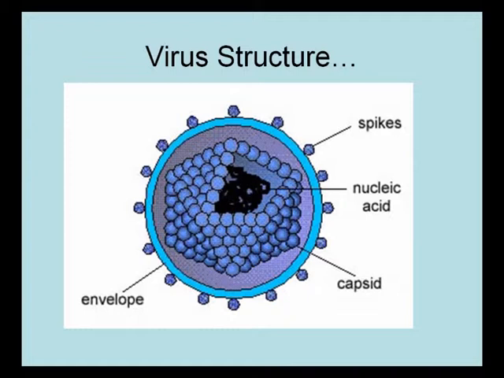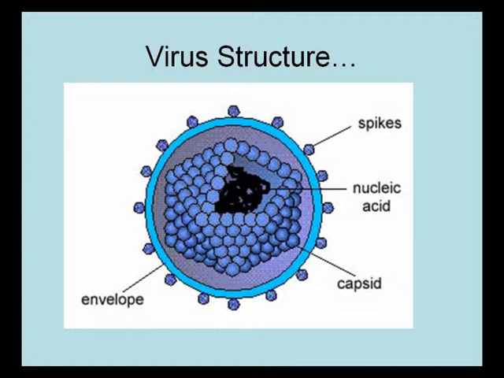So if we look at the structure, though, there are always key elements, slightly different shape, but basically key components. We've got in the middle, so again, there are different names for this, but it's always the same thing. Nucleic acid is a fancy name for something that's either DNA or RNA. So RNA is similar to DNA, but it's single-stranded, with a few other chemical differences. But essentially, in the middle of the virus, we've got some genetic material, nucleic acids, DNA or RNA, all words that really are referring to the same thing.